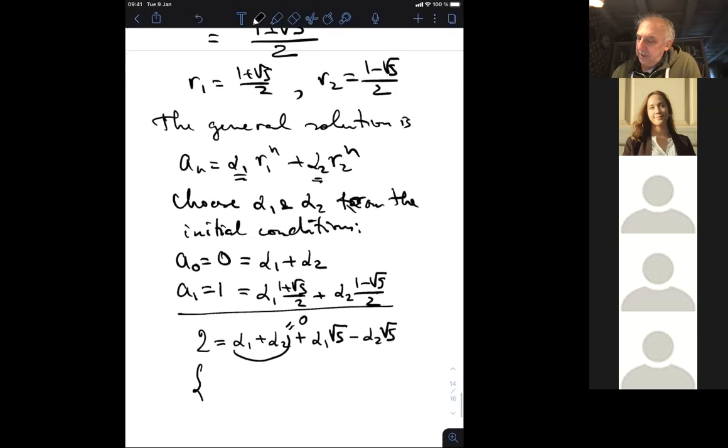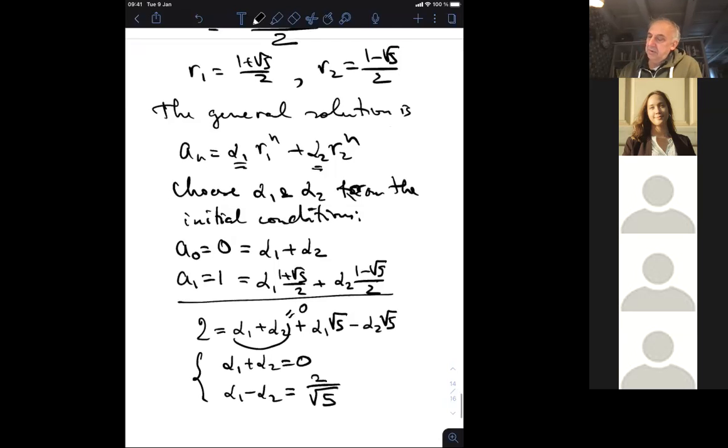So we're finally getting the following system of relations for alpha 1 and alpha 2. The sum vanishes. And if we divide by the square root of 5, we get alpha 1 minus alpha 2 is 2 divided by the square root of 5.